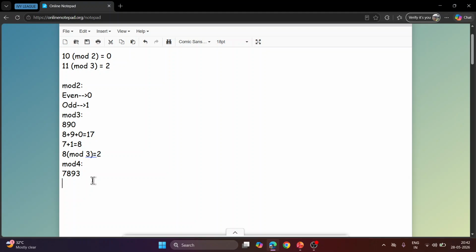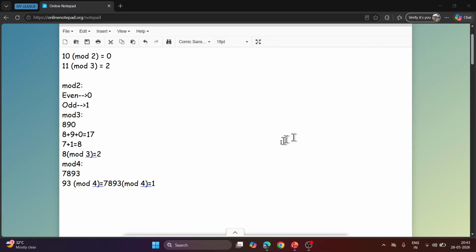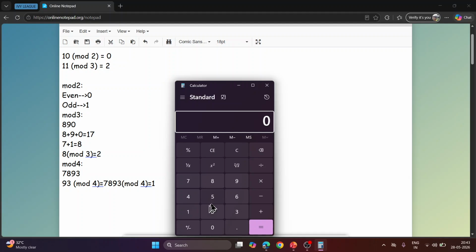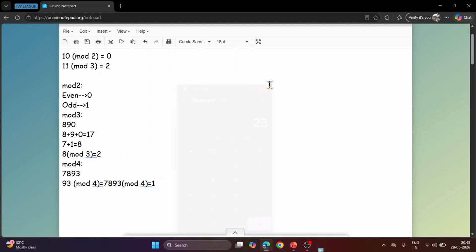So the last two digits are 93. 93 mod 4: 4 times 20 is 80, 92 is divisible by 4 because that's 80 plus 12, and 92 by 4 gives 23.